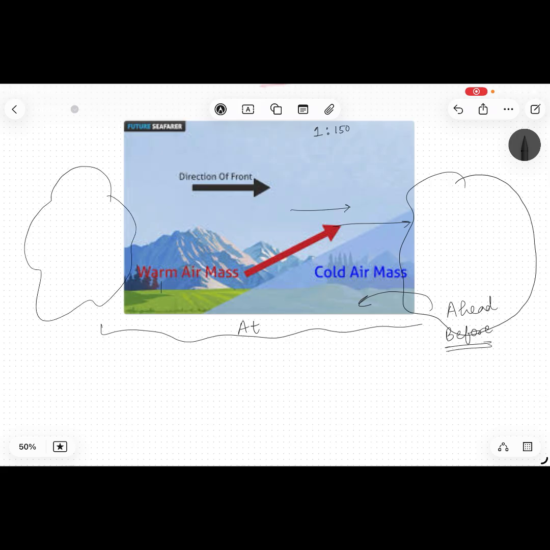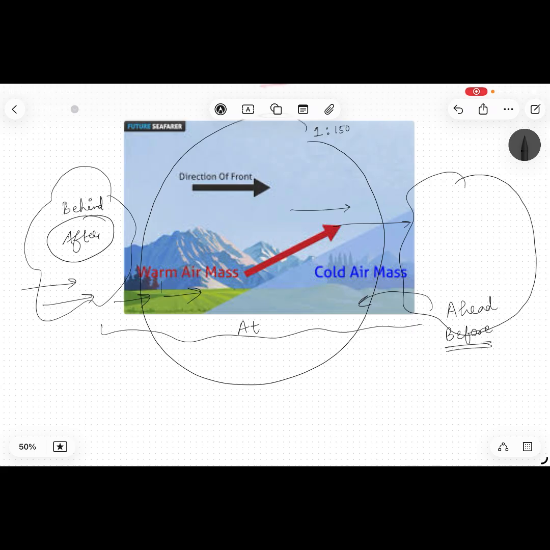This is also known as behind, because it is behind the front that is happening, plus it is also known as after. Why after? Because now the front has moved from this location and come to this location. So this is after the front has moved ahead, and this is before the front has arrived. This is behind the front, this is ahead of the front. So don't get confused with these terms.